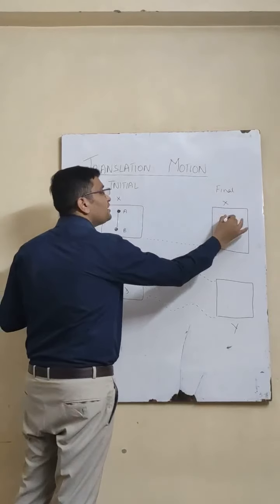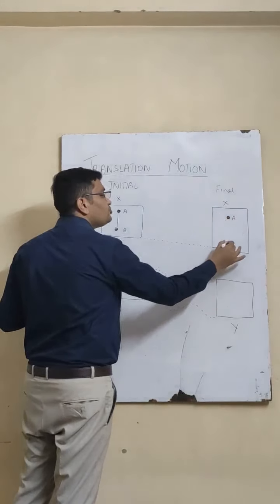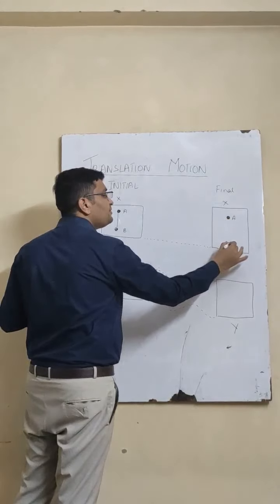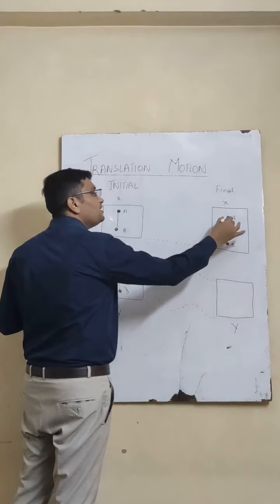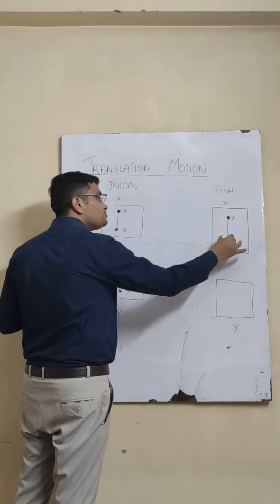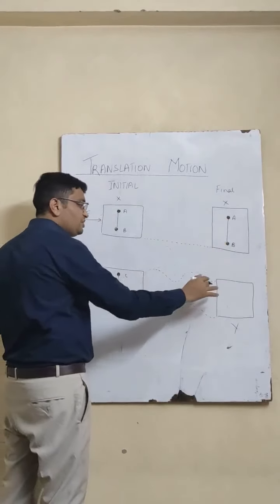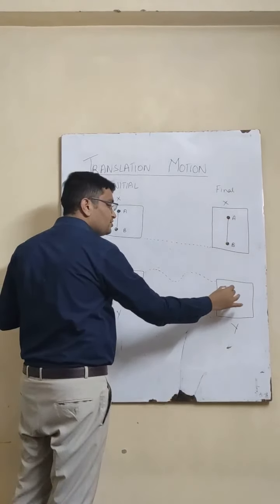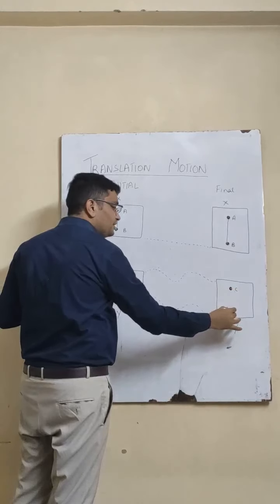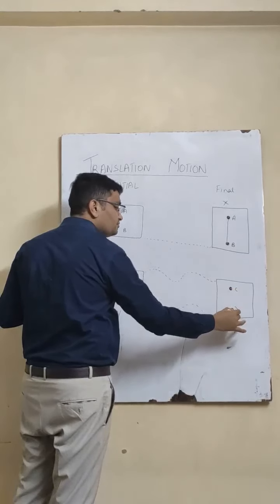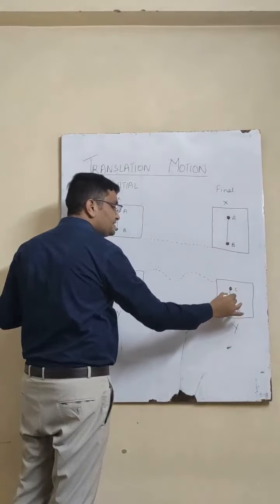Particle A is here, and the position of particle B is also at the same place. I will draw a line segment here also, and repeat the same thing for body Y: particle C here and particle D here, and draw the line segment.